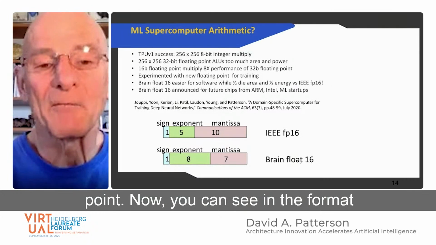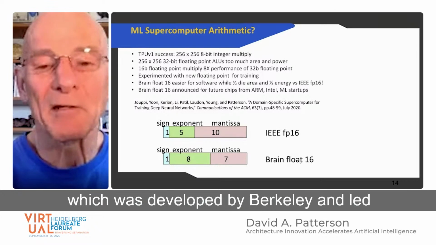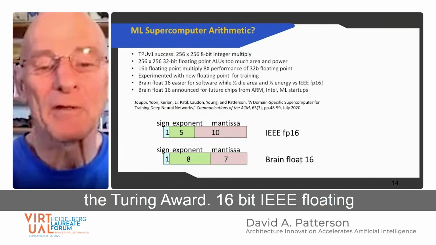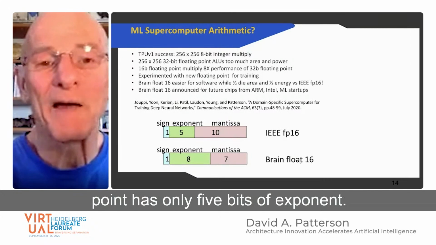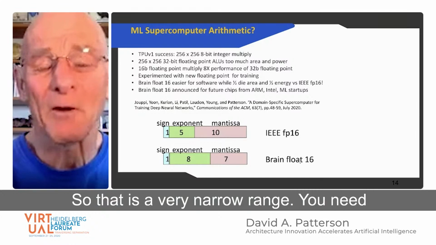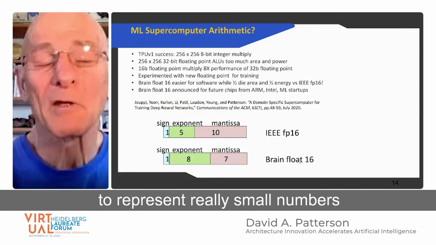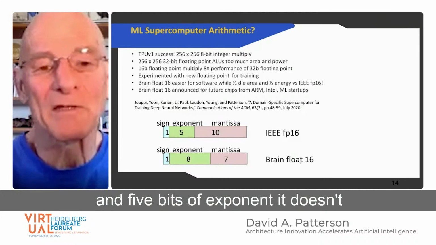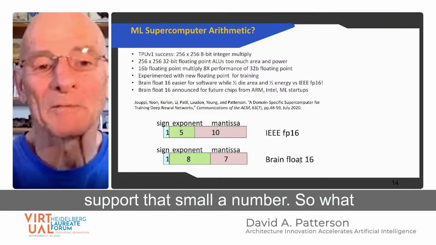Now, as you can see in the format below, the IEEE standard, which was developed by Berkeley and led to my colleague Bill Kahan winning the Turing Award, 16-bit IEEE floating point has only 5 bits of exponent. So that is a very narrow range. You need to represent really small numbers when you're dealing with training, and 5 bits of exponent doesn't support that small a number.